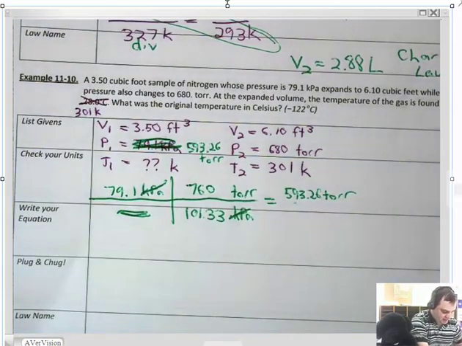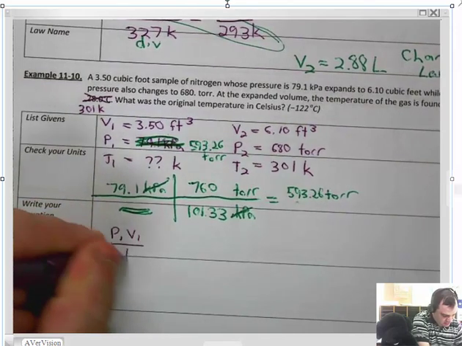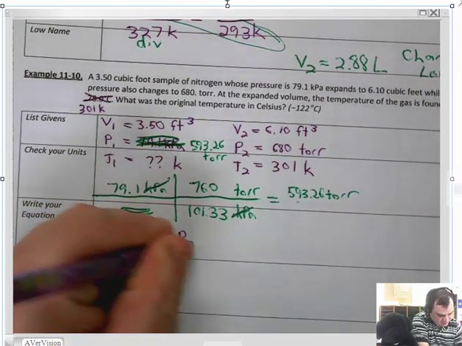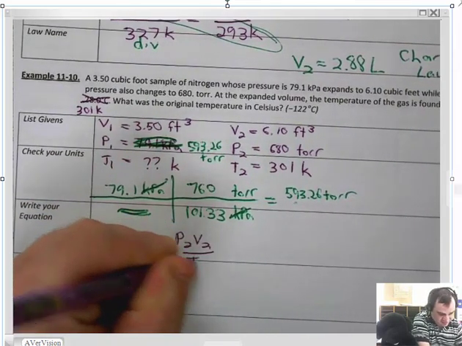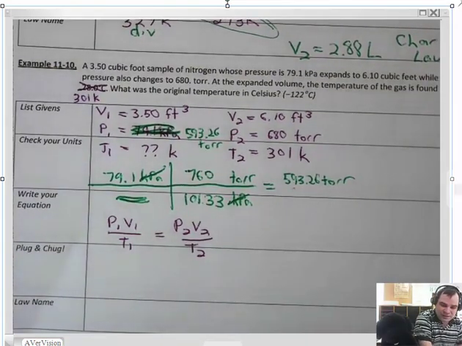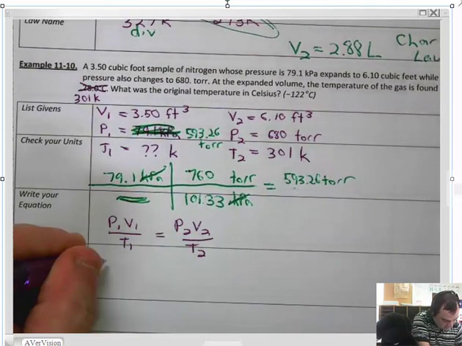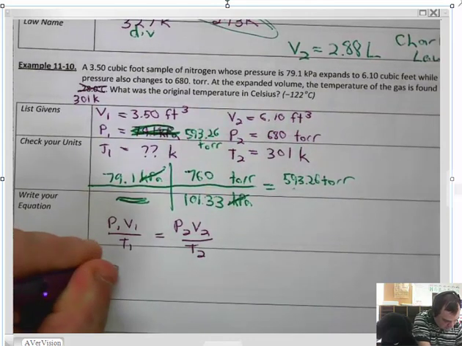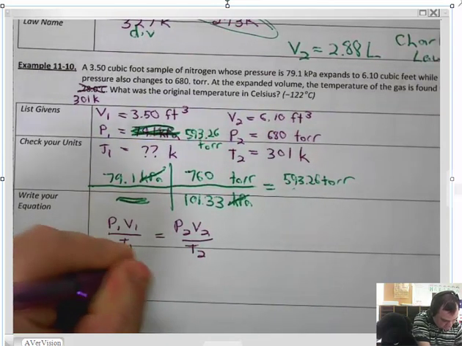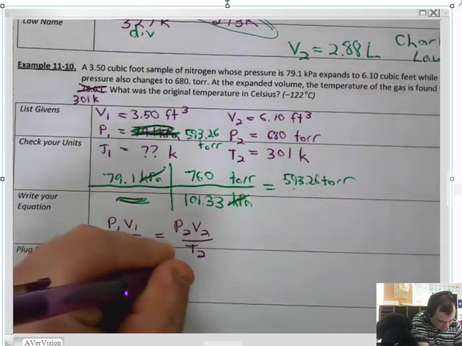Okay, we're going to write down our equation. P1 V1 over T1 equals P2 V2 over T2. Vice President sits on top of the table. There's nothing constant in this one, so we're just going to have to solve this. We're going to start off by putting in 593.26 torr times 3.50 liters.